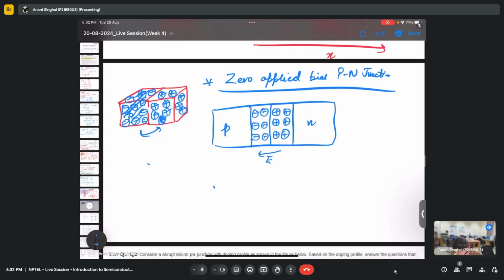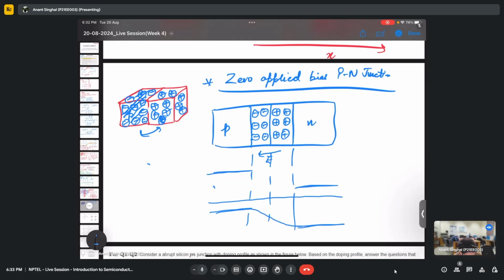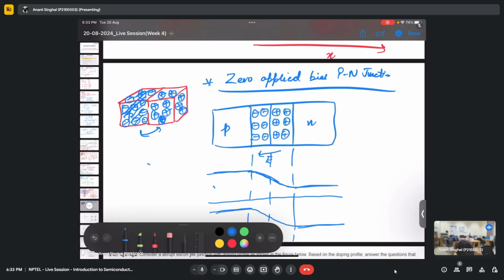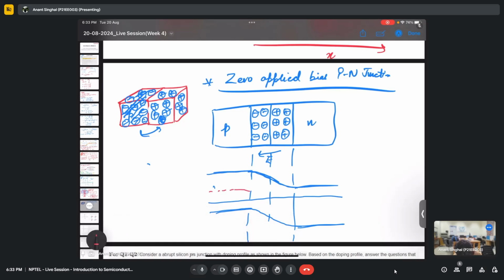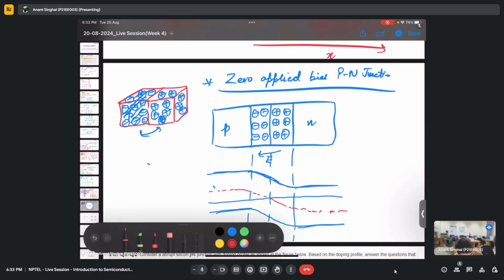So if I quickly draw the band diagram, maybe you all can also try in your notebooks. We have an aligned Fermi level because we are still at equilibrium. So this is P type, it will be like this, and this is N type, so it will be like this, and we have some change in the energies inside the depletion region. Let's say maybe I can draw Ei. So this is the change in the potential.